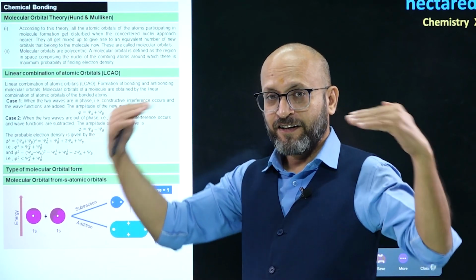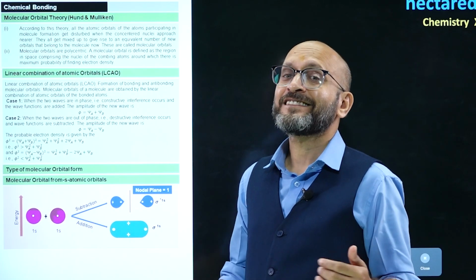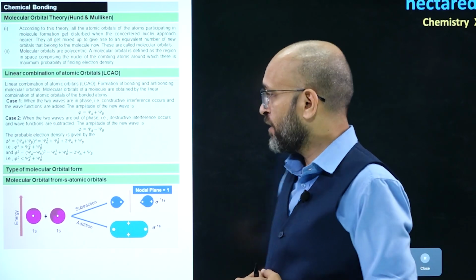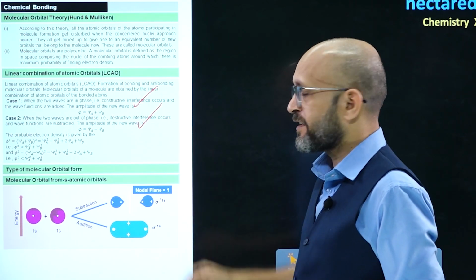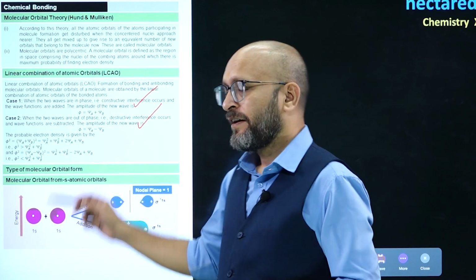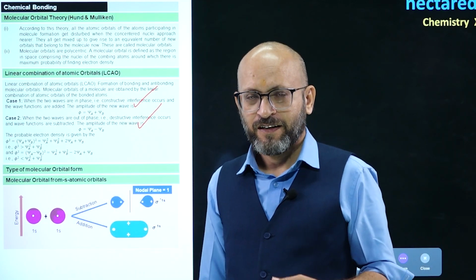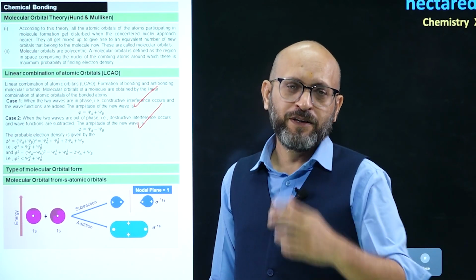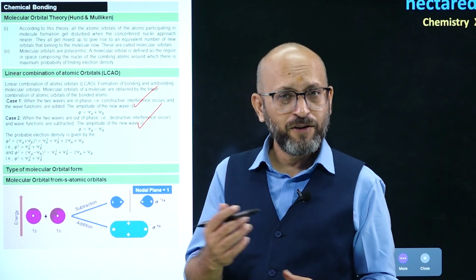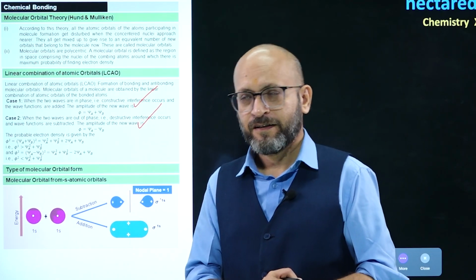When they are in opposite phase, then the amplitude of the wave formed is psi a minus psi b. Alright. So this is called additive overlap, this is called subtractive overlap. And now if you want to understand the electron density, you can calculate it by (psi a plus psi b) whole square or (psi a minus psi b) whole square, right.